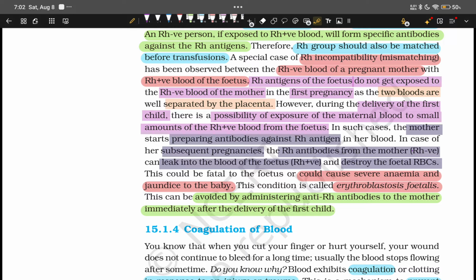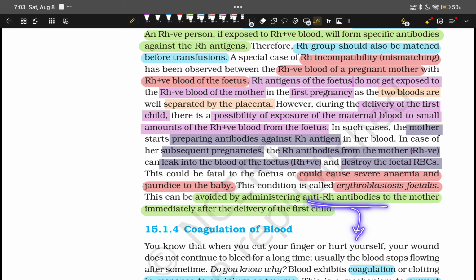What is important to understand is that if we artificially give anti-Rh antibodies when the mother's blood was exposed to a small amount of Rh-positive blood in the first pregnancy delivery, then these artificial antibodies will get destroyed, or vanish from the blood by themselves, because they are artificially given. They are not going to persist.